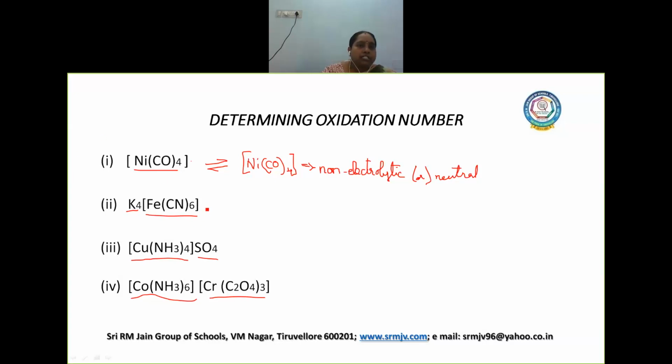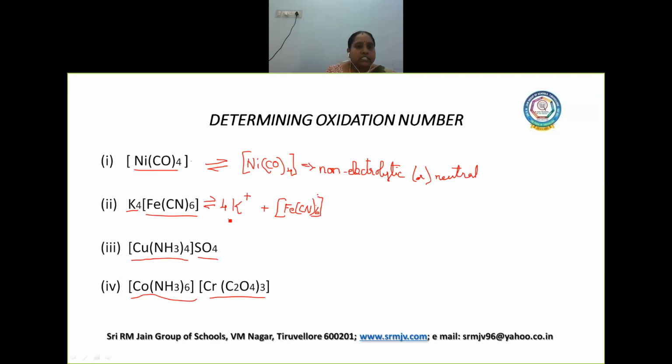Now in the second case, we have a positive ion as well as a negative complex. So in this case, if it is getting dissociated, we'll be getting 4 cations. That means 4 potassium ions, and then this ferrocyanide complex will be the anionic complex.